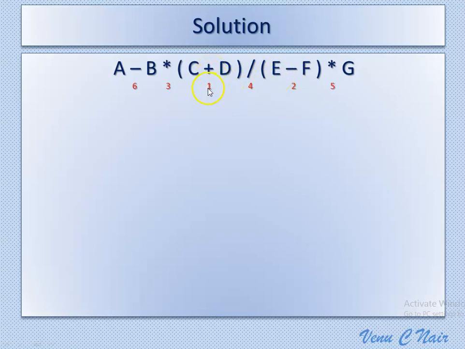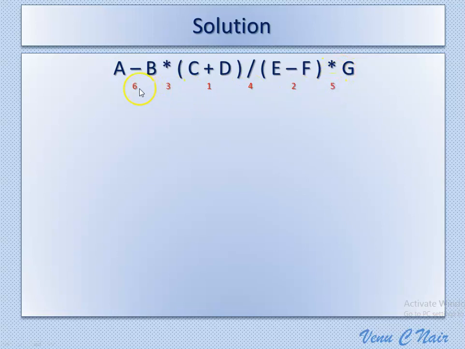So this one is the first operation, minus is the second operation. Then we have into, divided by, and another into with equal priorities. The leftmost operator, coming after B, is the third operation, divided by is the fourth one, and the operator coming before G is the fifth one.